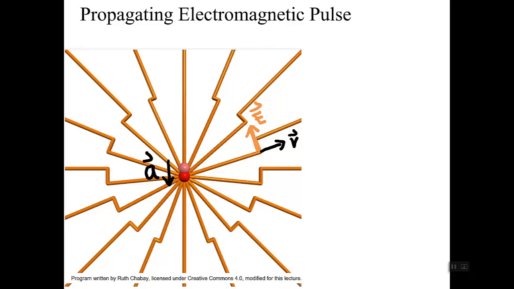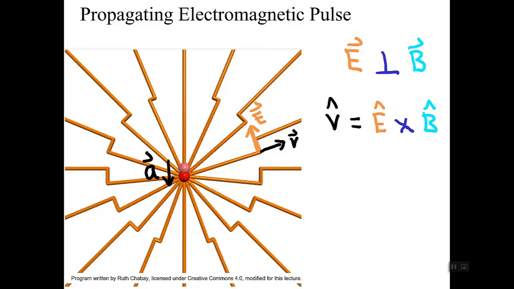Solving those equations is beyond the scope of this course, so we'll just state results here, which in addition tell us that there is a magnetic field B that goes along with the electric field, and that the electric and magnetic fields are perpendicular to each other everywhere, and in addition that the direction of propagation given by the vector v hat is obtained by taking the cross product of the unit vectors e hat and b hat.